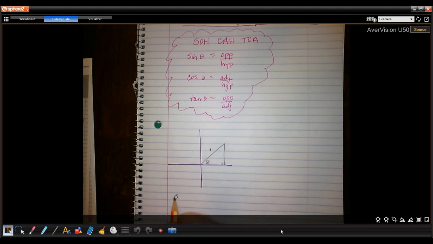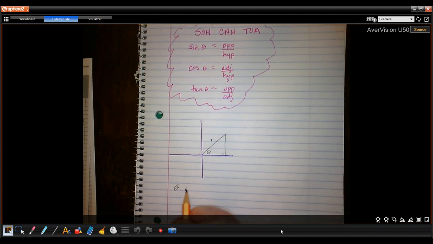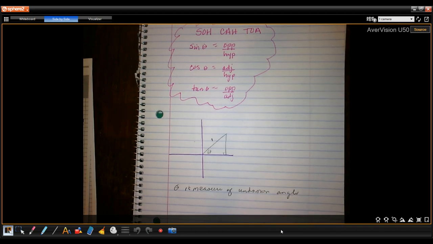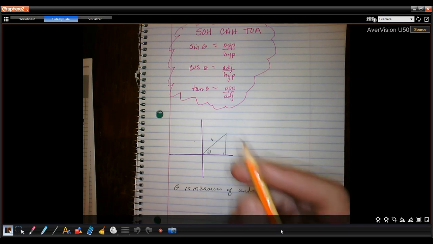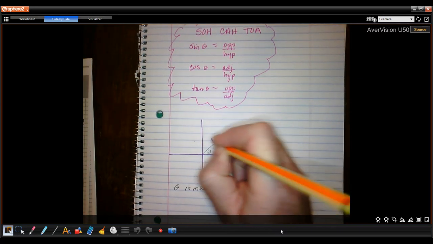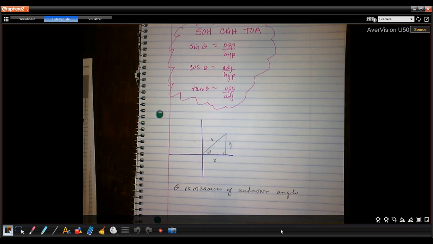So you can write that: theta is the measure of the unknown angle. Theta is what you're looking for. Then we talked about this is your x distance, this is your y distance, and on a unit circle the radius is 1.